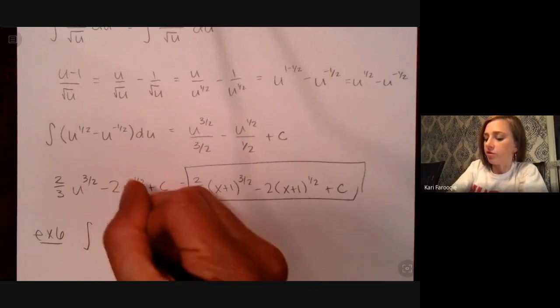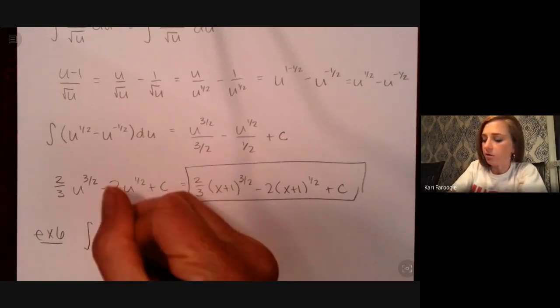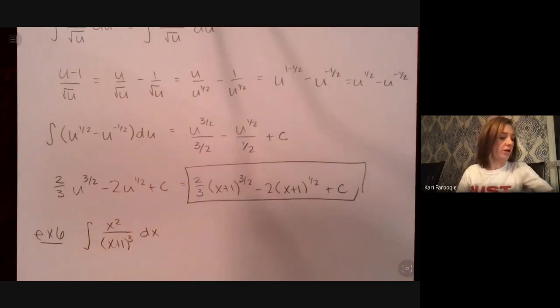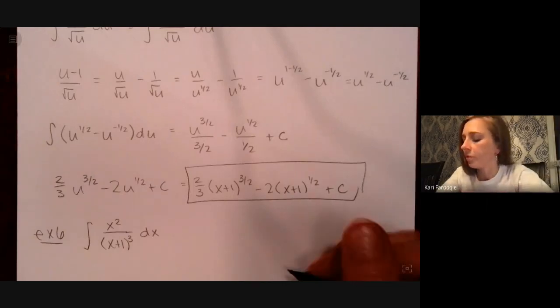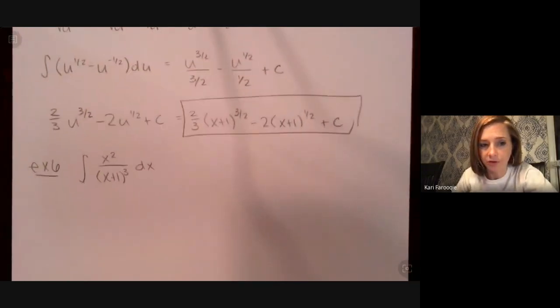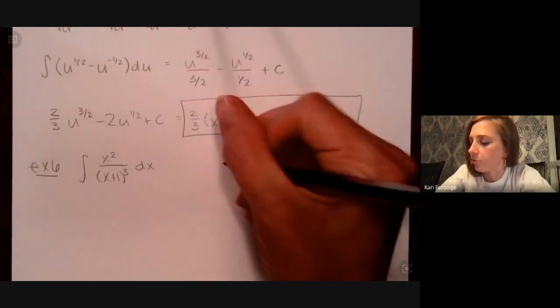Example 6 is x squared divided by the quantity x plus 1 cubed dx. Your inside function is the one that's being cubed, so that would be x plus 1.